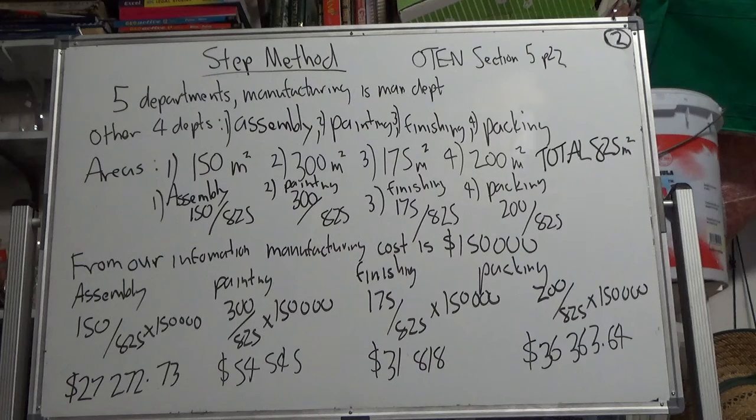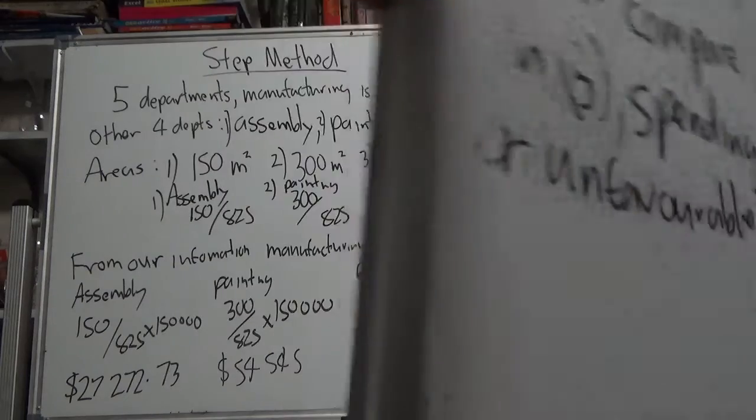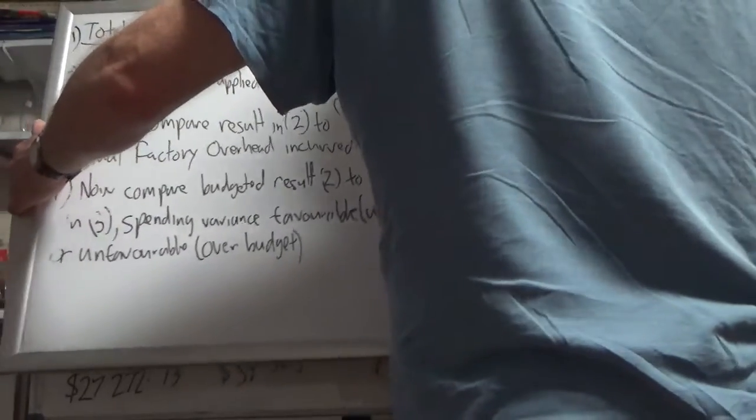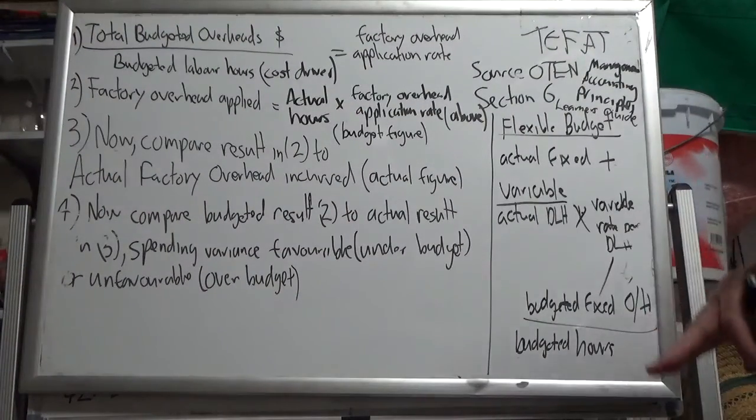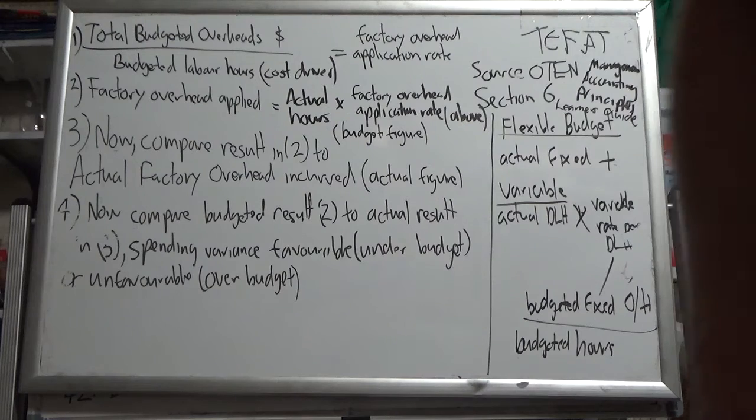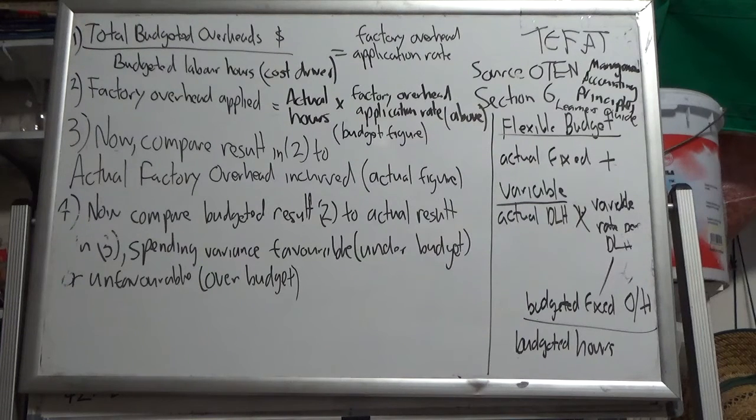It's not that difficult to grasp the step method. I was looking forward to that because I remember doing this at TAFE myself, and I really wanted to go over the step method because you probably will get the step method.